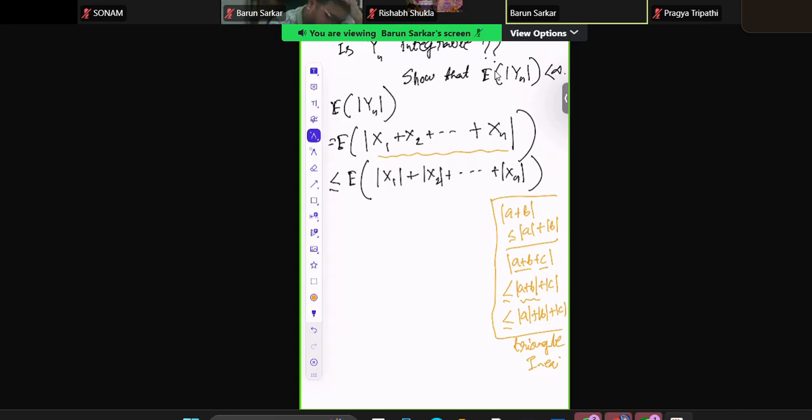So I have used the triangle inequality here, and my other tool is that expectation is linear.